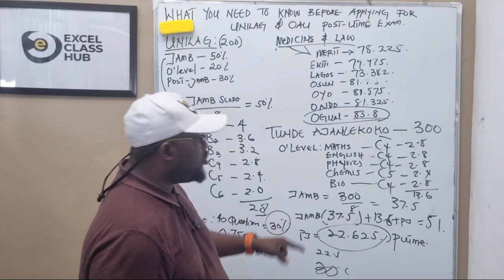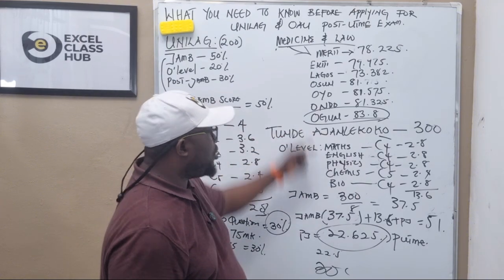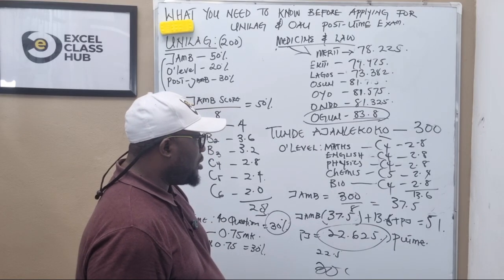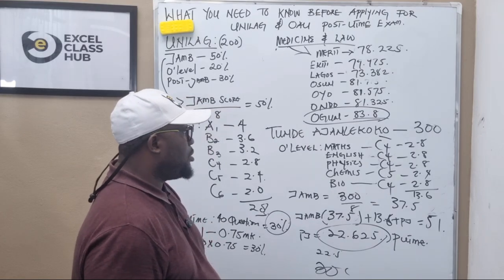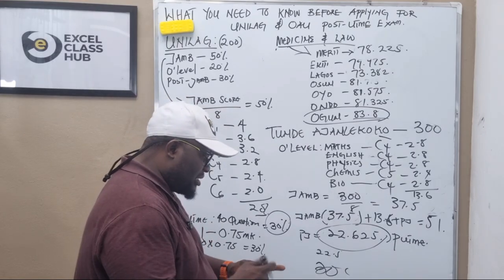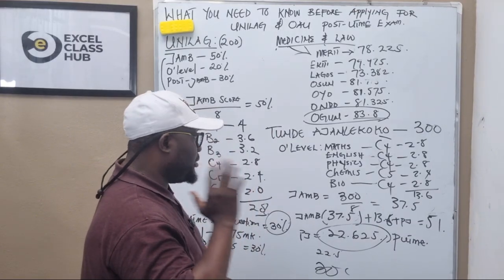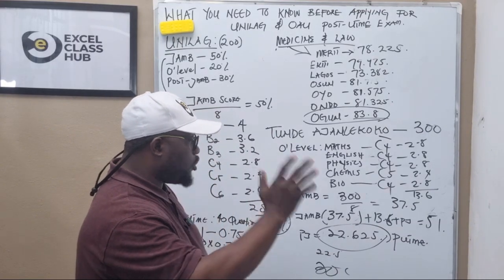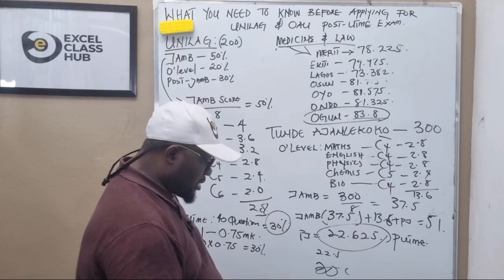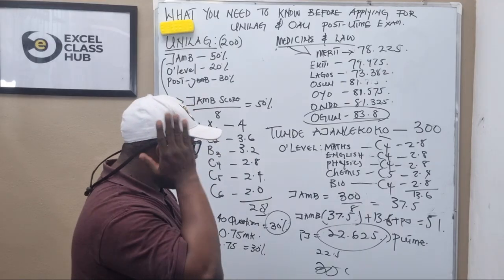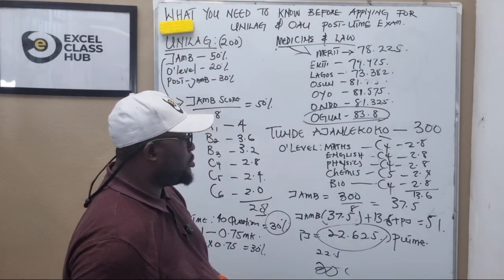You can score 300 and not gain admission to study medicine. So for those of us that want to study medicine, your aim for JAMB score should be 350, 340, 320.